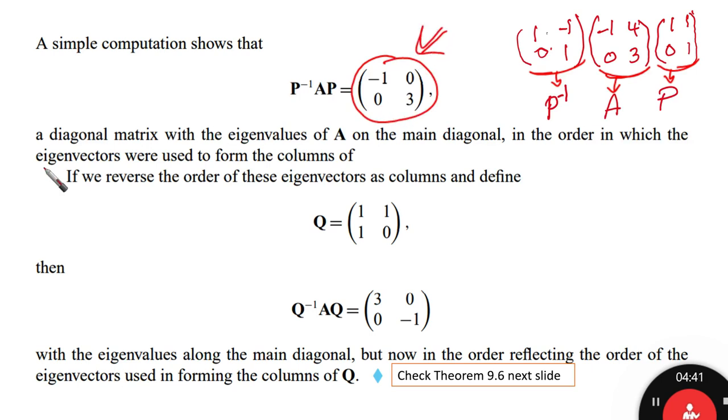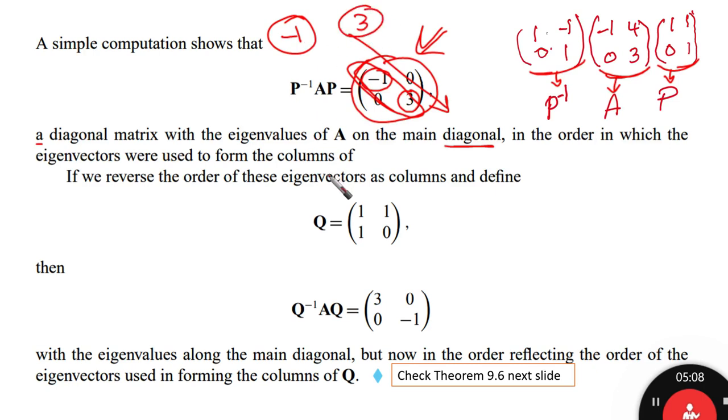It is a diagonal matrix with the eigenvalues of A on the main diagonal, right? So we have -1 and we have 3 here, and the off diagonals are zeros. So the diagonal contains, in this order, -1 and 3. These are the eigenvalues, right?